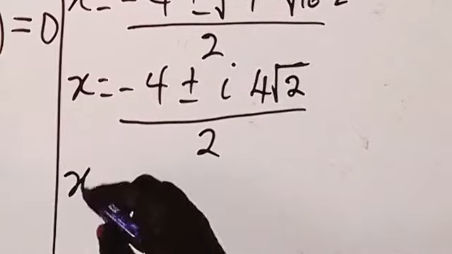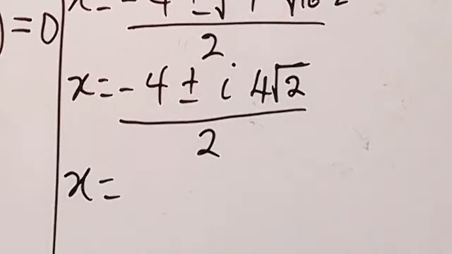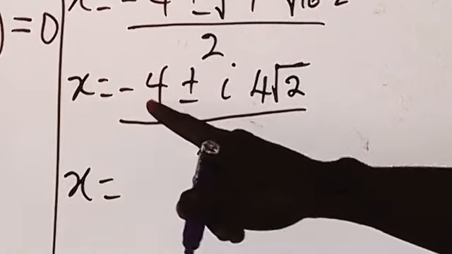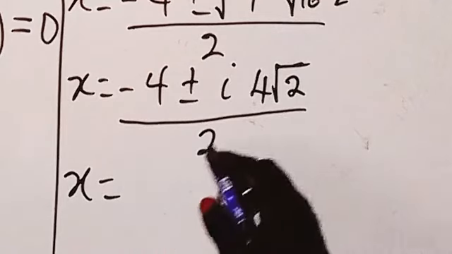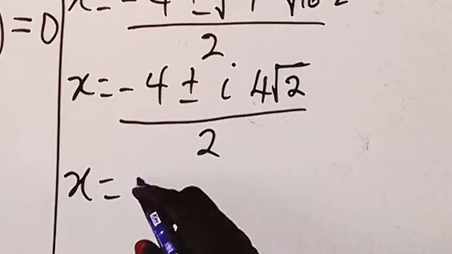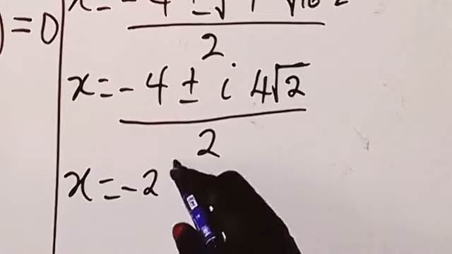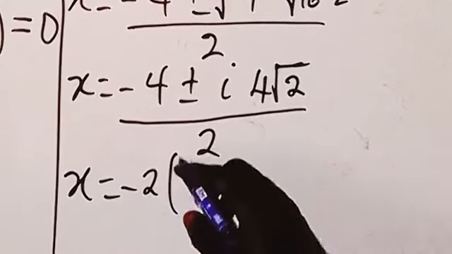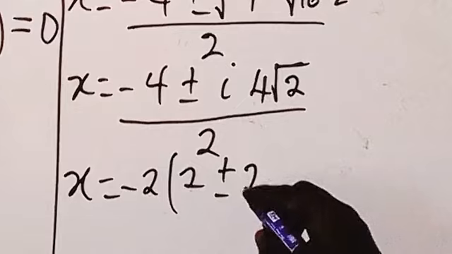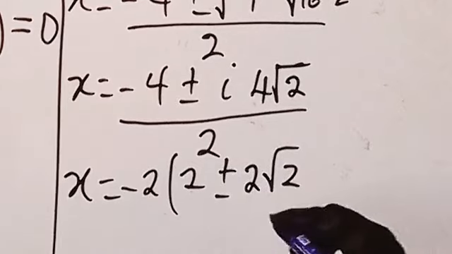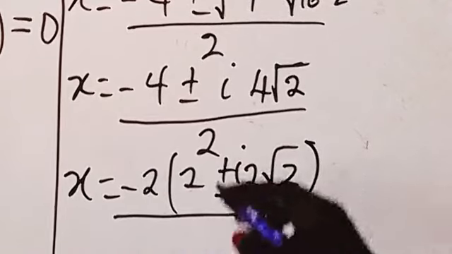So here we can see that we have 4 here and 2 here, so we can actually factorize 2 outside. Minus 2 will be outside, then I'm going to be having 2, then plus or minus, so 2 here, root 2, don't forget the i, then divided by 2.